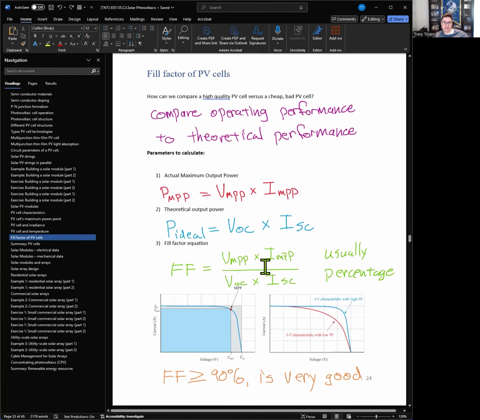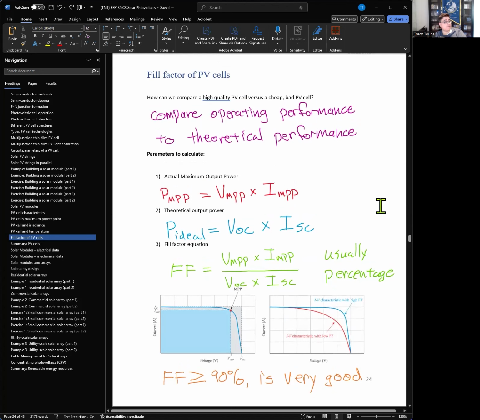Other things you want to look at for a PV cell: you can buy different types from different manufacturers. We need to be able to tell what's a high quality PV cell that's worth your money from a cheap piece of junk you're going to throw away in 2 years, wasting your money. Okay. So how can we compare this? Well, we can compare the actual operating performance versus a theoretical perfect condition.